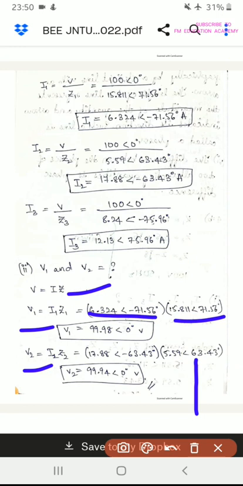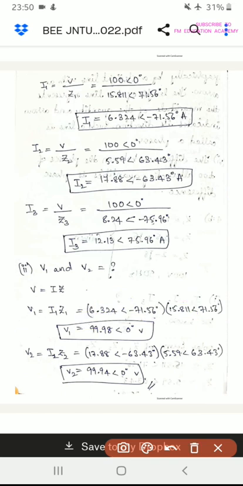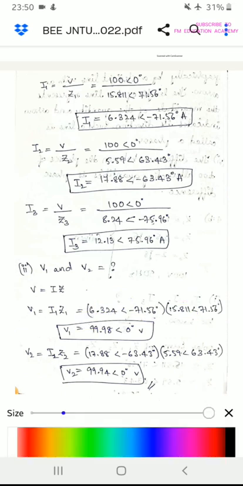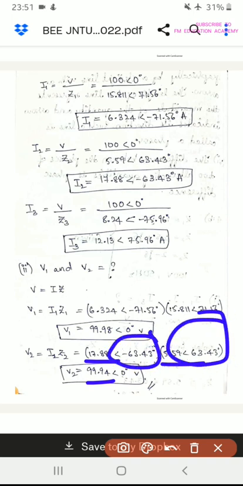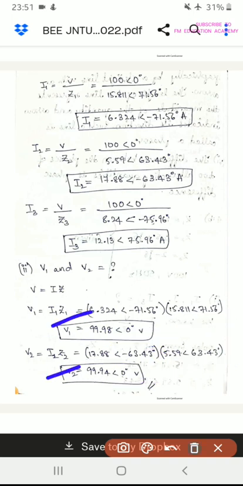If you multiply 15.811 into 6.324, you should get the answer, and then subtract these both. Similarly for V2, multiply 17.8 into 5.59, you will get 99.94. Subtract these both, you will get 0. So we got V1, we got V2.